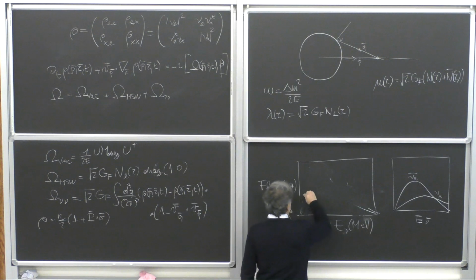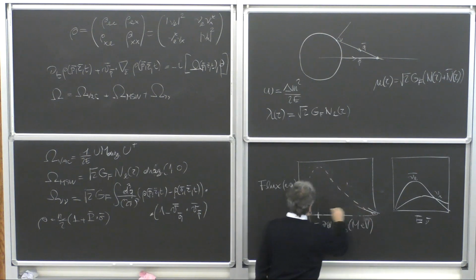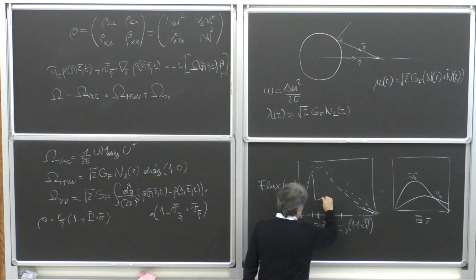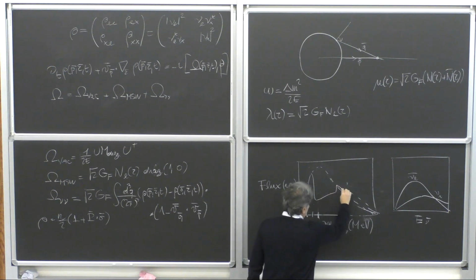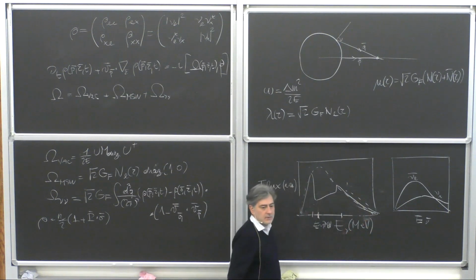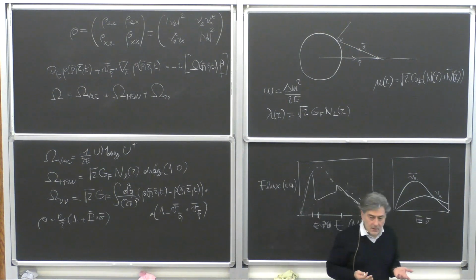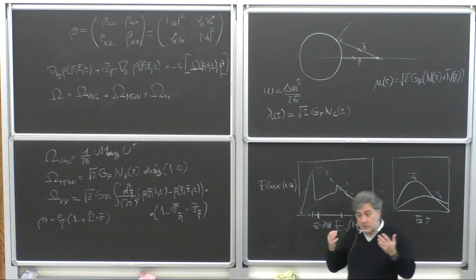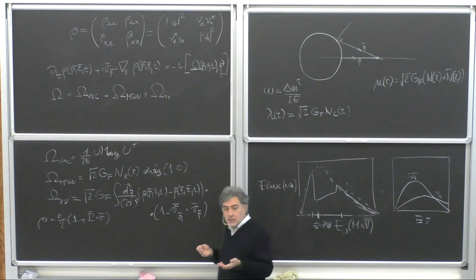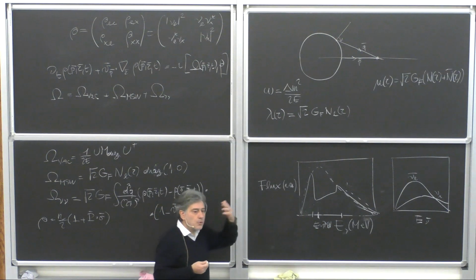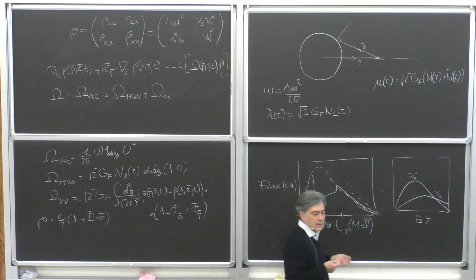Imagine this is the initial spectrum. The other one, this is nu X. You have now two energies. Something like this. And these two energies depend on the total luminosity of the neutrino fluxes in nu mu, nu tau, and nu e.